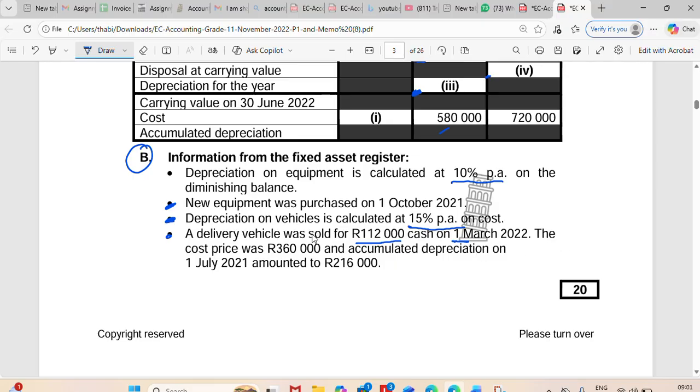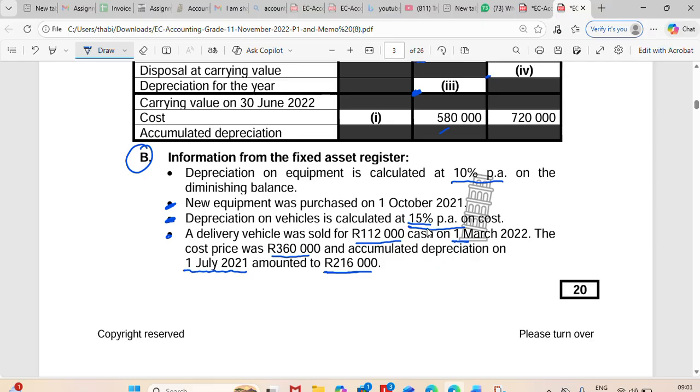So the cost price, it was how much? 360,000. The accumulated depreciation on 1st July, the first day, it amounted to how much? It amounted to 216,000. Are we clear? Remember, guys, how do we depreciate vehicles on cost?